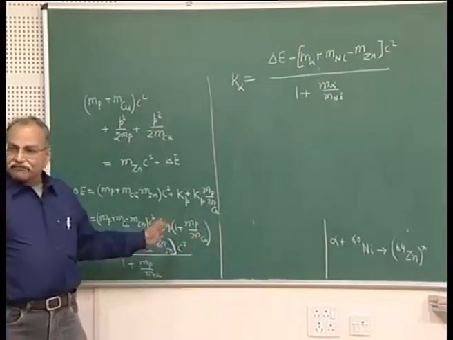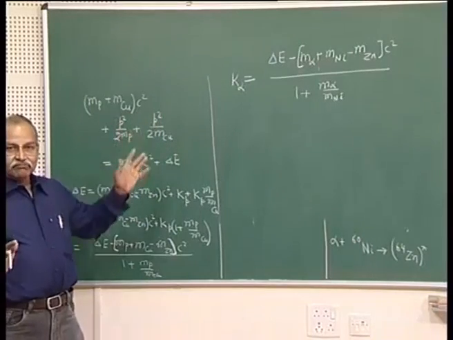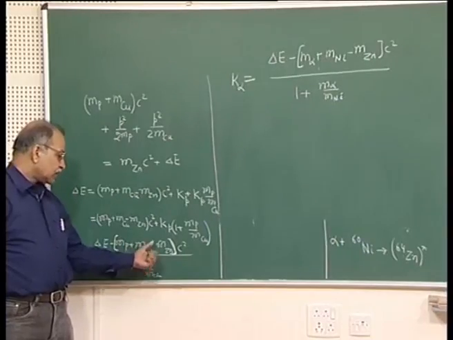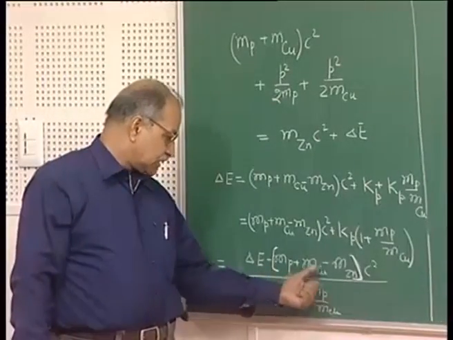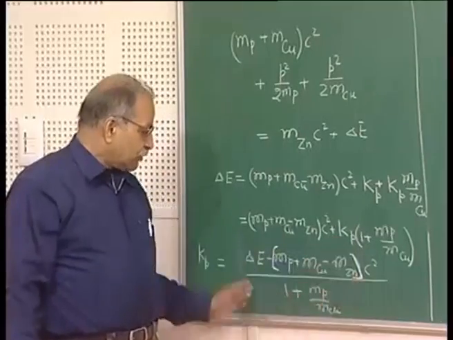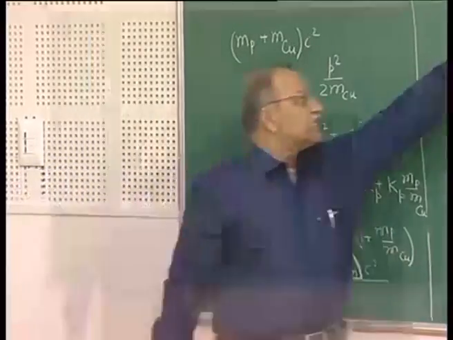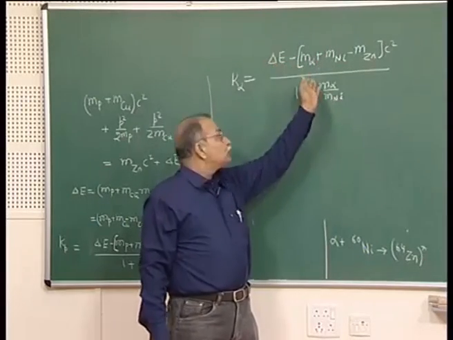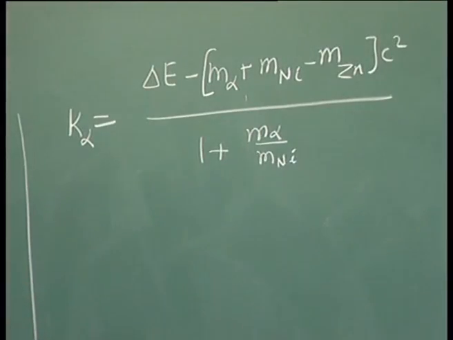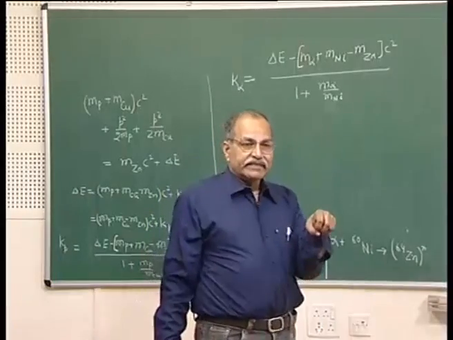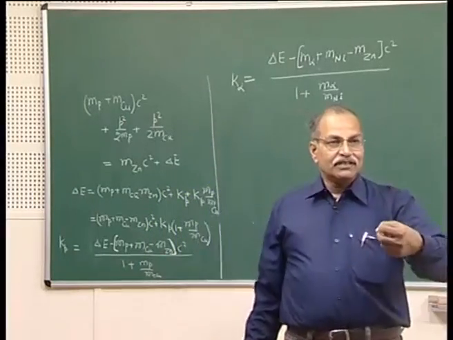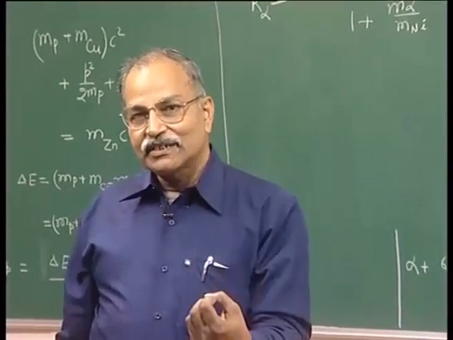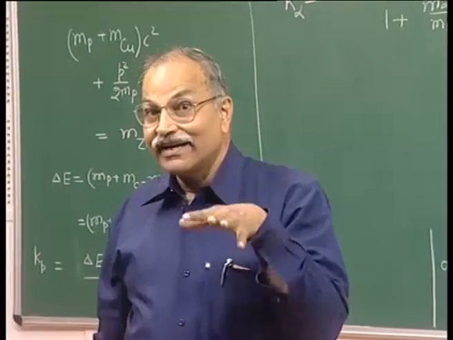So, now these two are different expressions, they are similar, but when you go to put the numbers, the mass of proton, mass of copper, mass of zinc of course, and the mass of alpha particle, mass of nickel, these two things will come out to be different. So, the alpha particle energy needed to put the 64 zinc into one excited state, and the proton energy needed to put the 64 zinc in the same excited state, they are different.